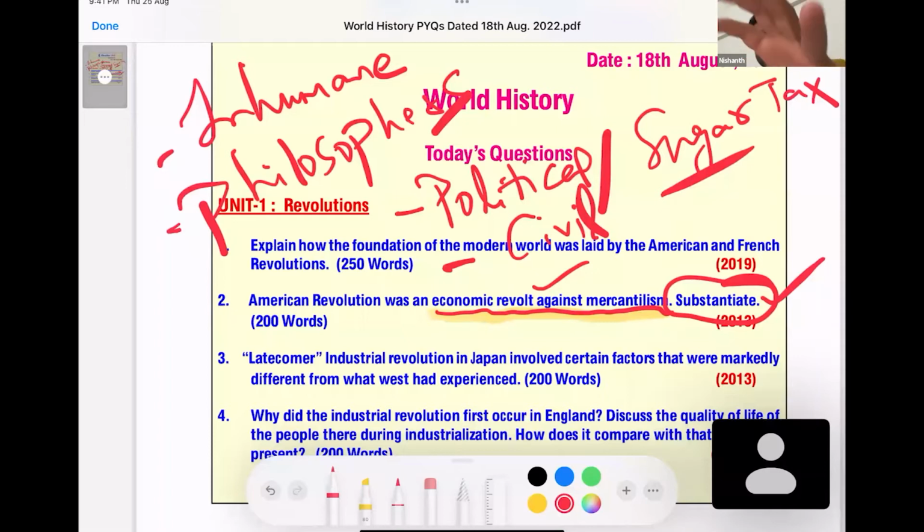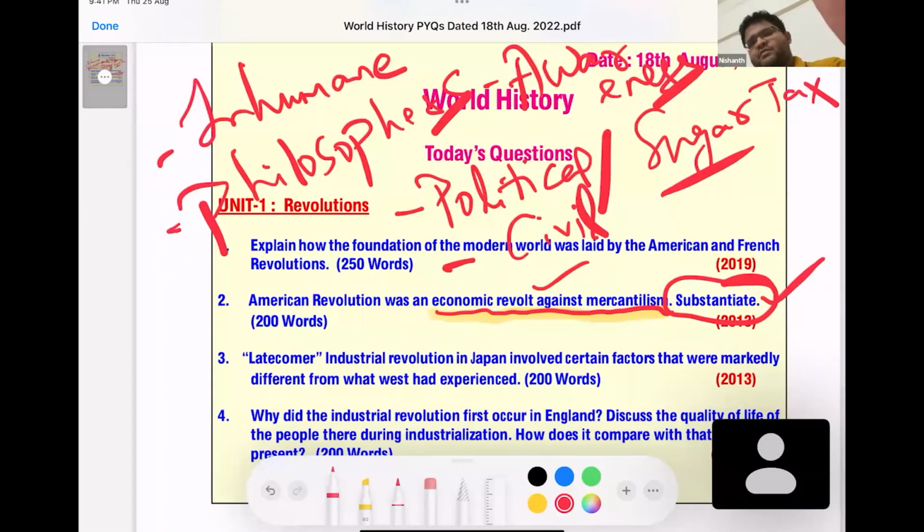So all these factors, apart from the economic policies of the British, are responsible for the American Revolution in 1765. And then you have to conclude by saying, definitely this is the important reason, and apart from that, these are the other important reasons. And then conclude. Clear? Yes, sir.